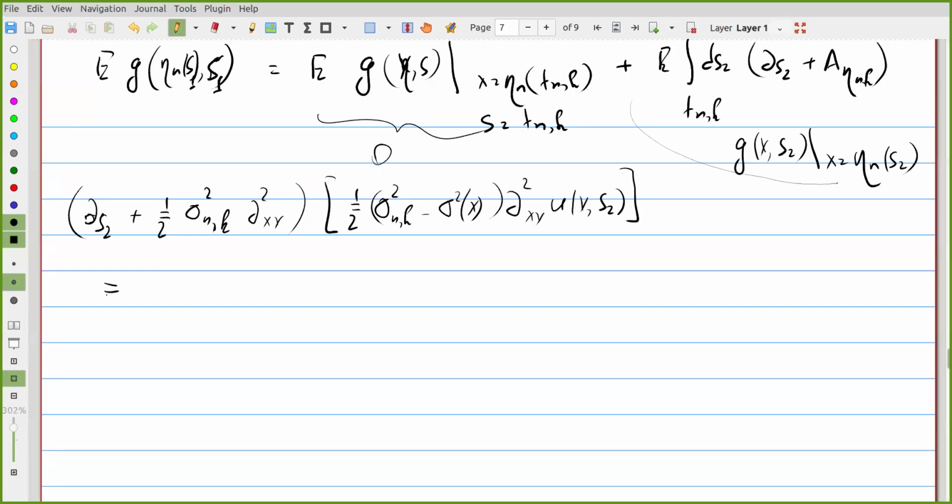So let's see what happens here. This part doesn't depend on s2, so I just push everything inside.